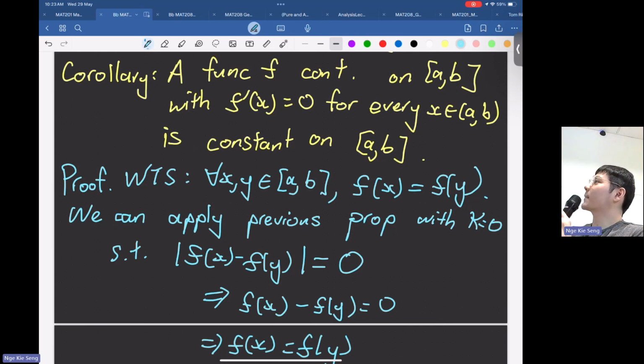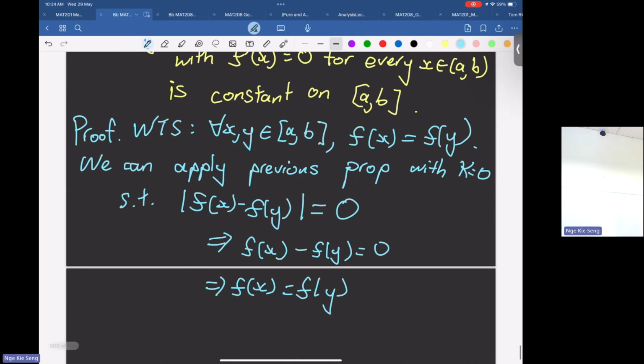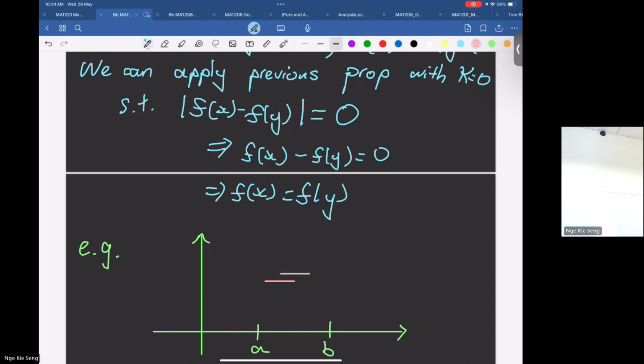You see, they only ask you to check the inner points. What could happen with this theorem? What kind of example could happen with this theorem here? So let me draw to you. Maybe we got A here and a B here, right? And then you have a bunch of tangent lines.